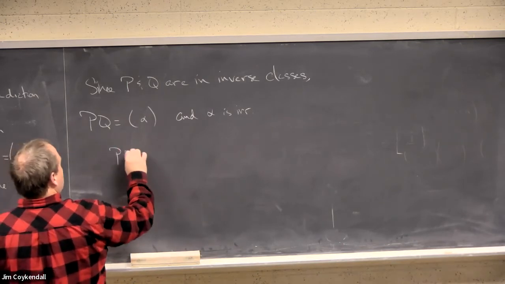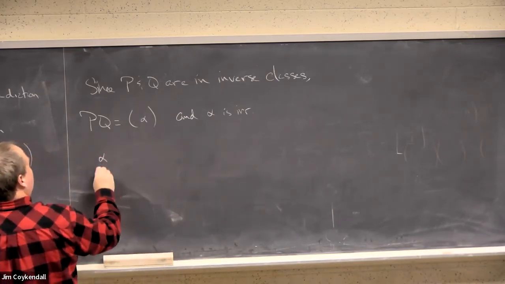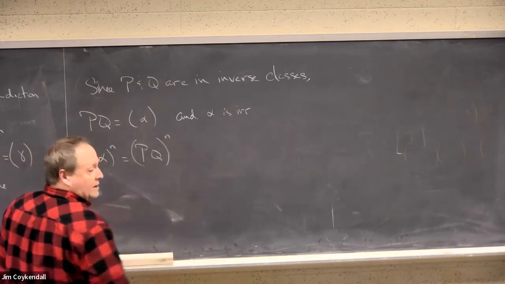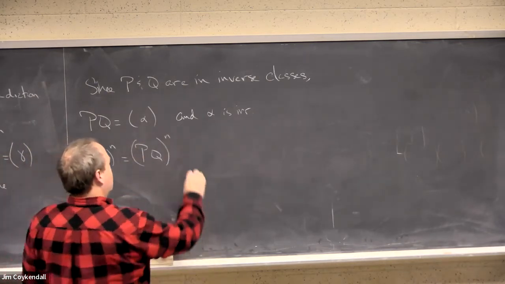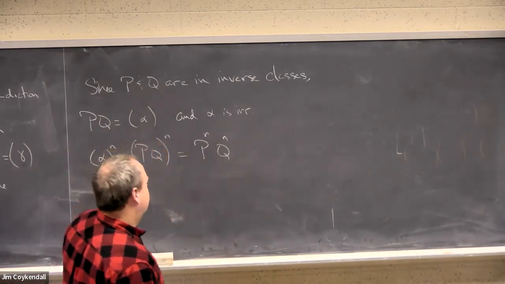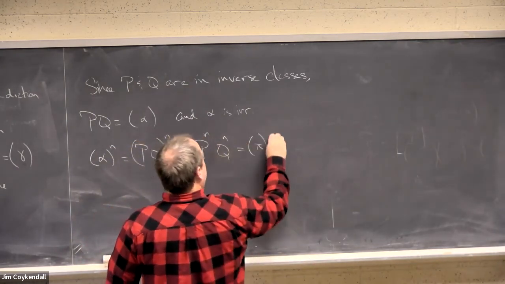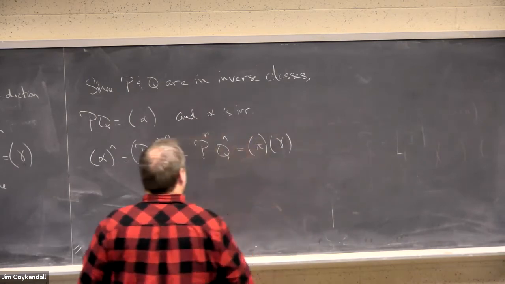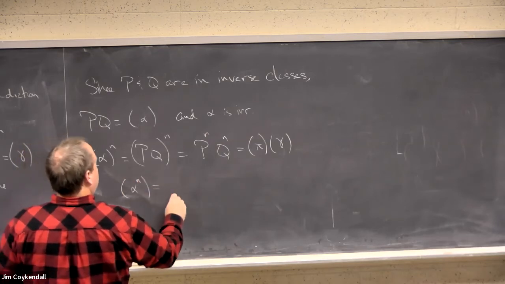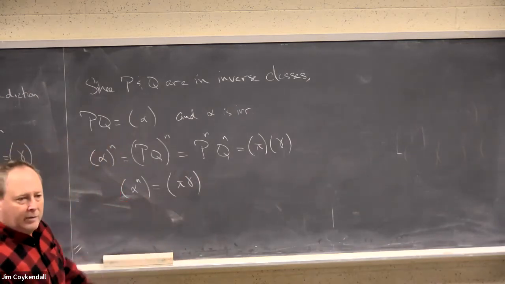Look at the power. Let's go alpha to the n, which is the ideal, whatever, I. So the ideal alpha to the n is the ideal I gamma, and all the players here are irreducible.